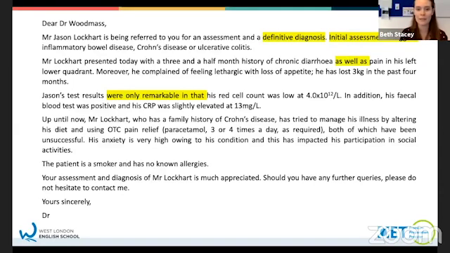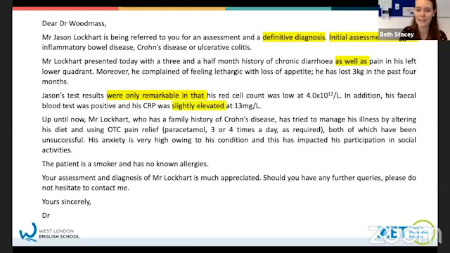Maybe someone stayed in hospital, they had no problems at all, but they need a little bit of help now that they are being discharged home. So in this case, if everything in hospital went well, you can use this language "was only remarkable in that" to show maybe the one thing that stood out, but just to say that everything else went well.